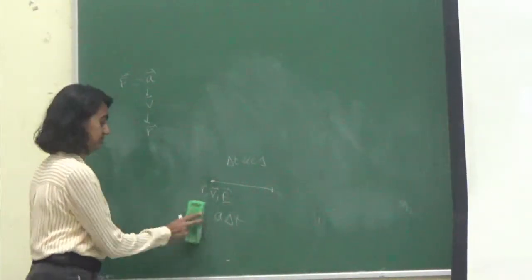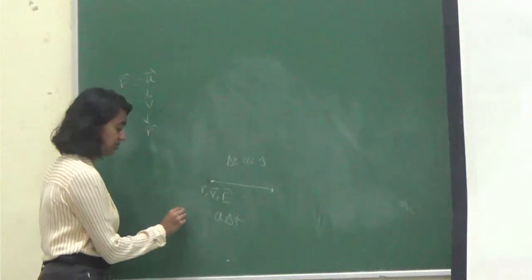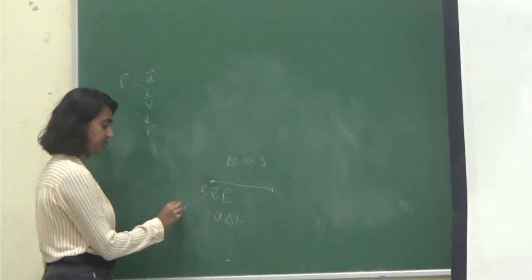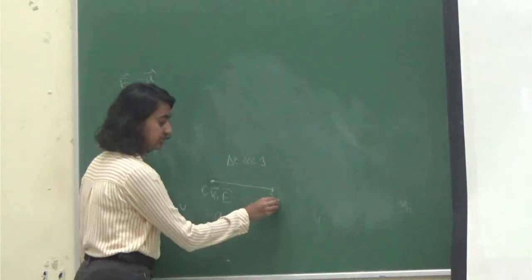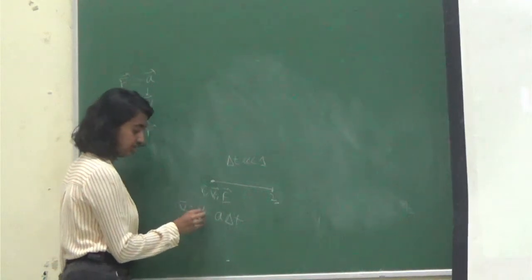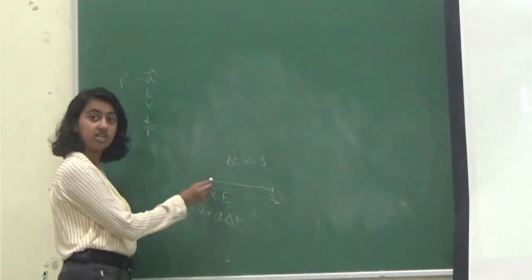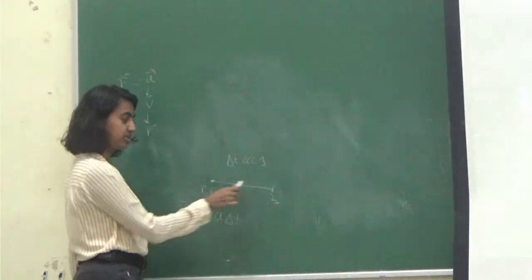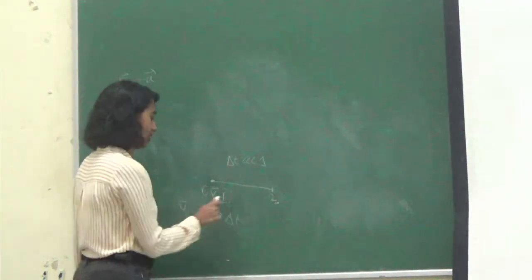So if we want to find the velocity, this is the initial, or this is the inertia. Now the velocity at the second point, so this point is 2, V2 will be equal to V1 plus whatever acceleration we give in this small time. That is how much the velocity will change from here to here.